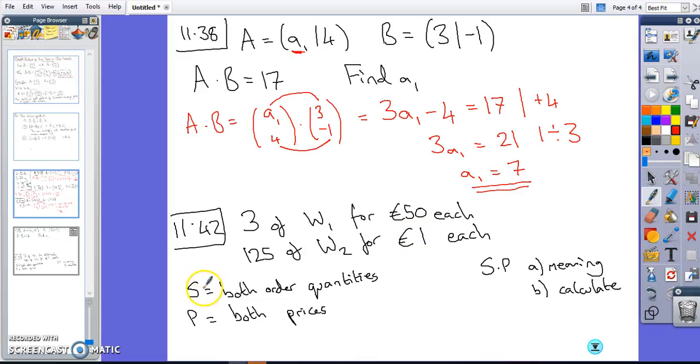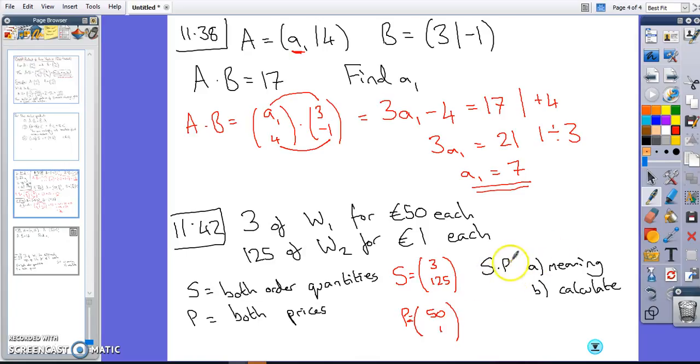And the question asks us, first of all, to create the vector S, which is simply both of the order quantities. So we'll have S is equal to 3, 125. And the vector P gives us both prices. So we have 50 and 1.